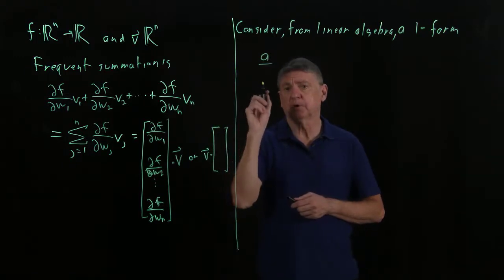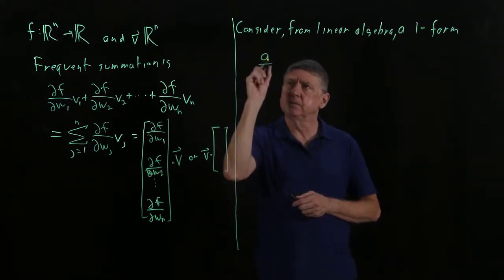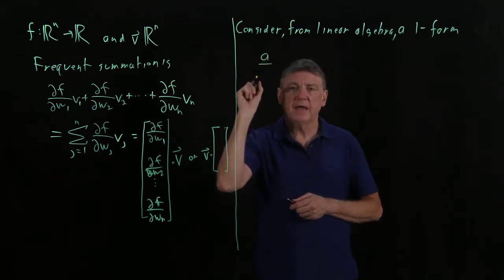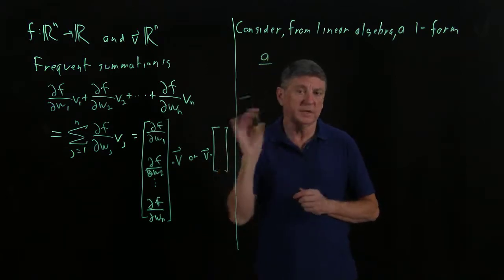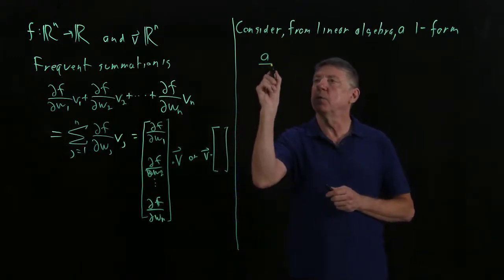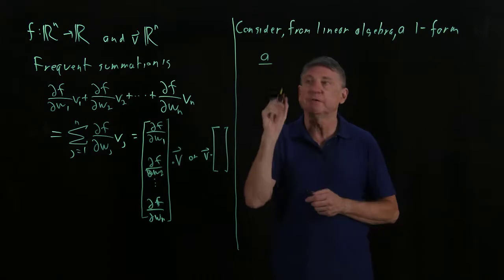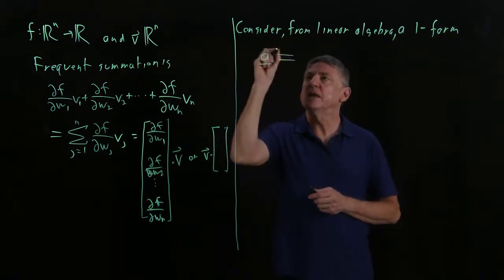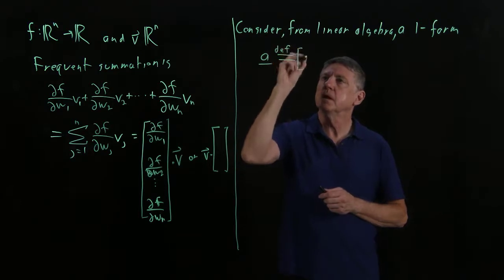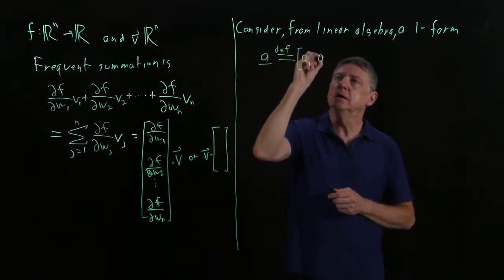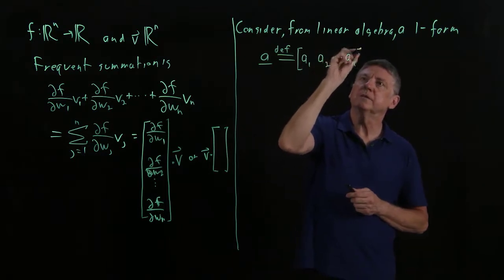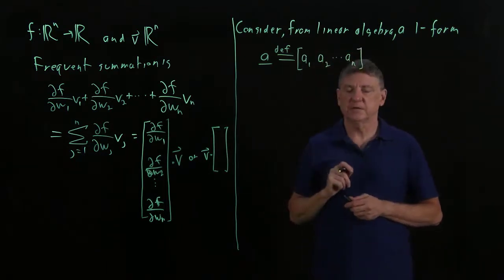And my personal notation is, I'll take the same symbol and I'll put an underline. This is something that I do. It's not something that most authors will do. I will define a one-form as something with a bar underneath it. And I will say that that equals, by definition, A1, A2, and so on until we have expressed all of the possible entries.